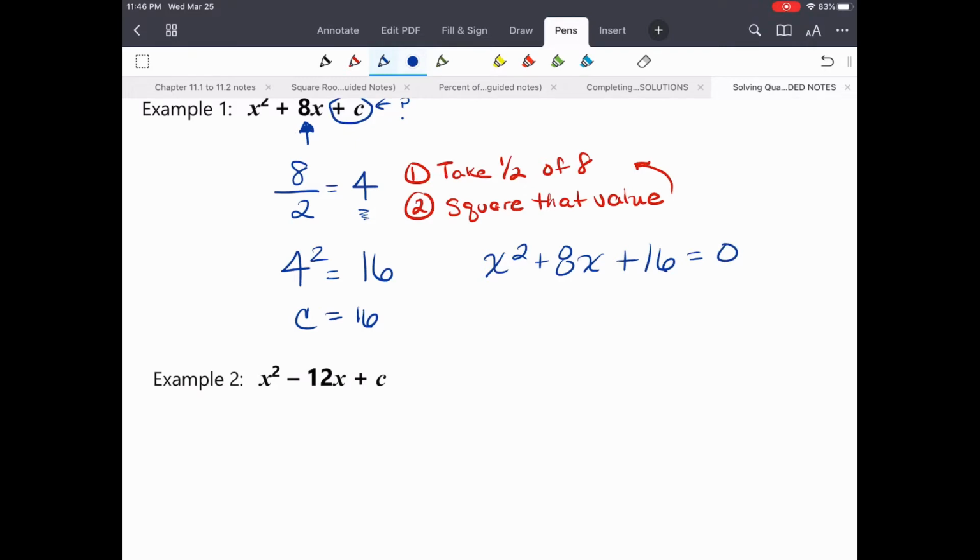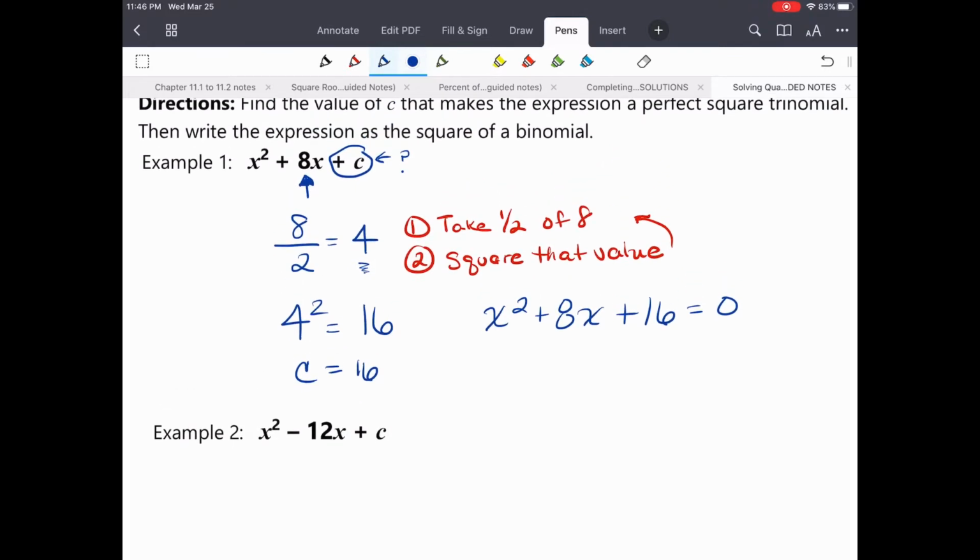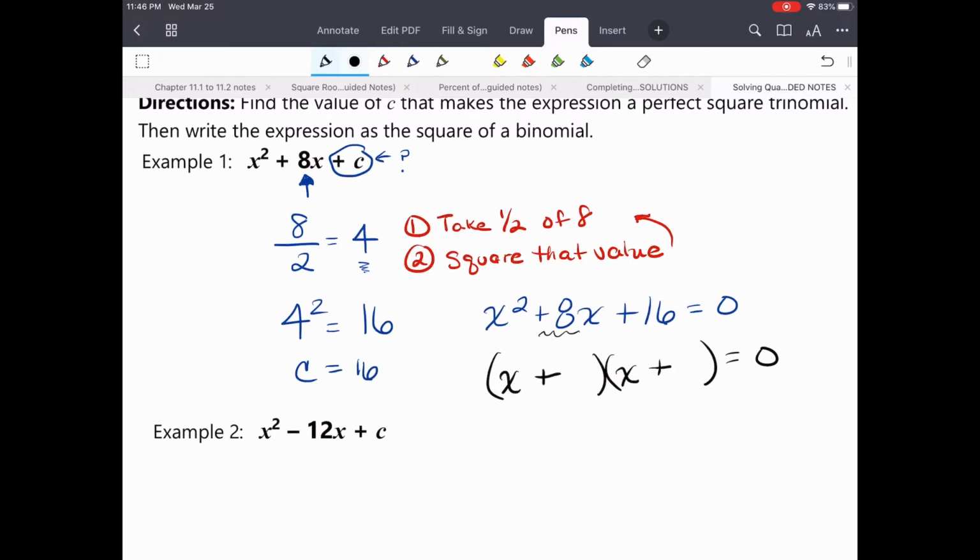And then the directions say write it out as a square of a binomial. Just to refresh your memory, PSTs come out pretty nicely if you can recognize them. That's x right there. The middle term, the bx term, is positive. So that means that's going to be positive, and the square root of 16 is 4.